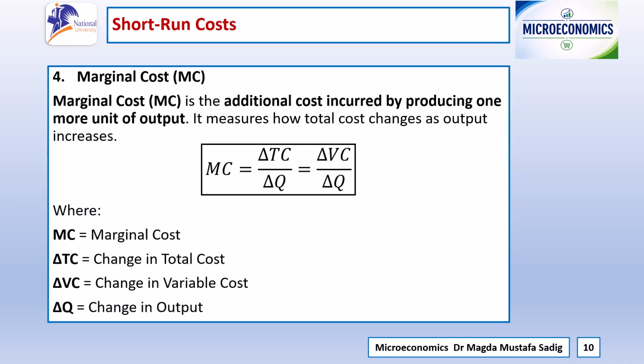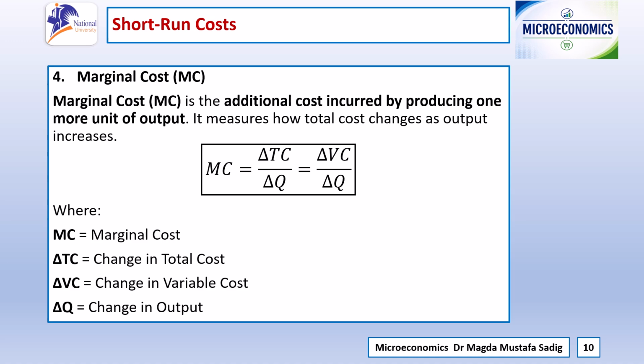Let us come to marginal cost. Marginal cost is one of the most frequently used concepts in economics. It tells us how much extra cost is incurred when producing one additional unit. Mathematically, marginal cost equals the change in total cost divided by the change in output.